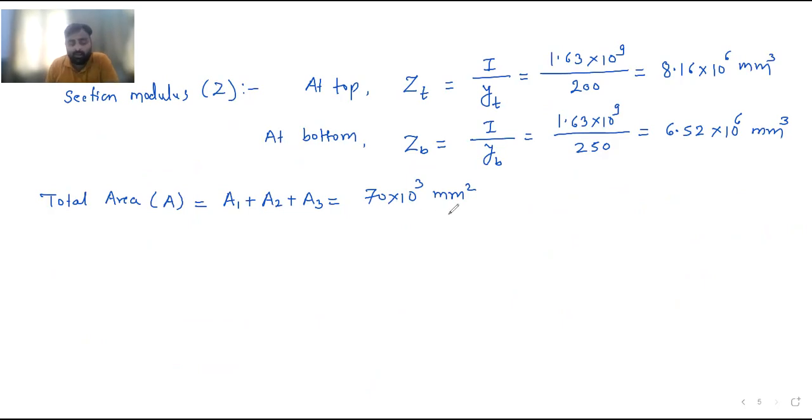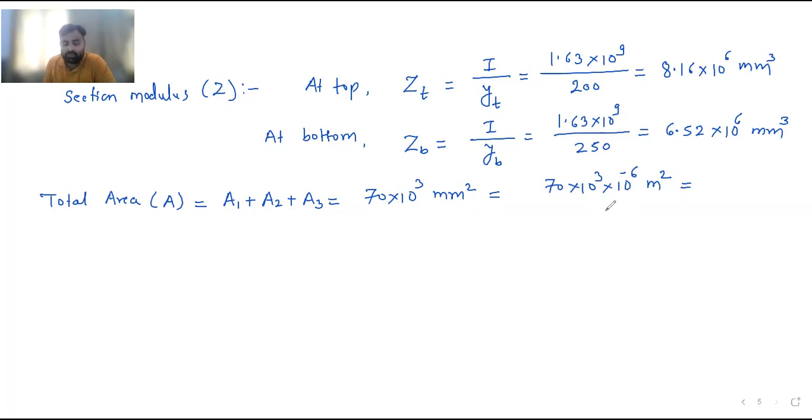So convert this area into meter square. 70 into 10 raised to 3 is in mm square. 1 mm is 10 raised to minus 3 meter, so 1 mm square is 10 raised to minus 6 meter square. Then it will become meter square.